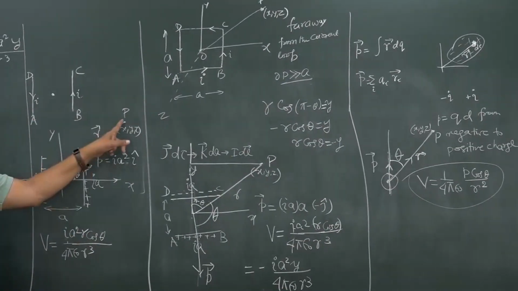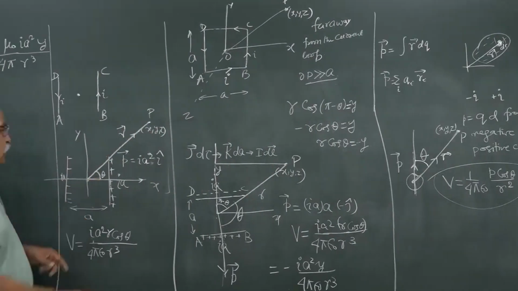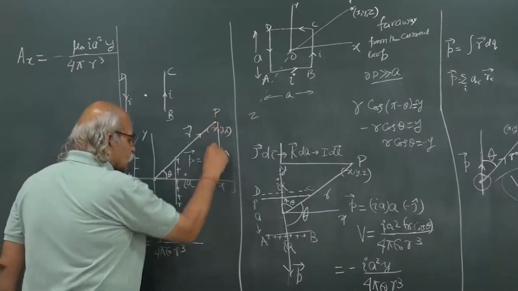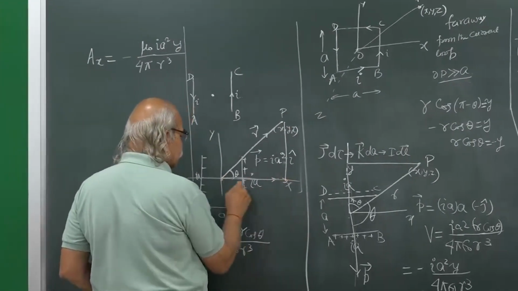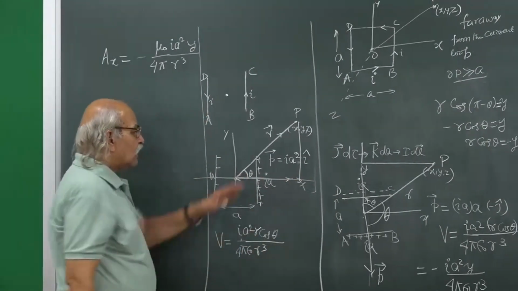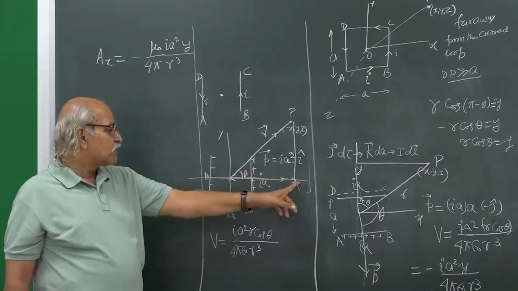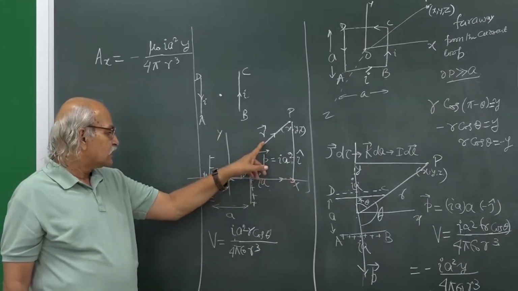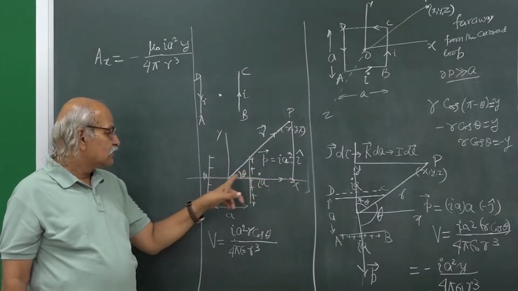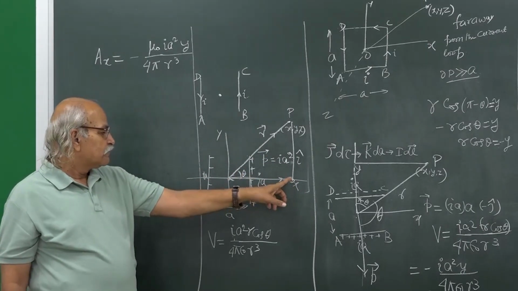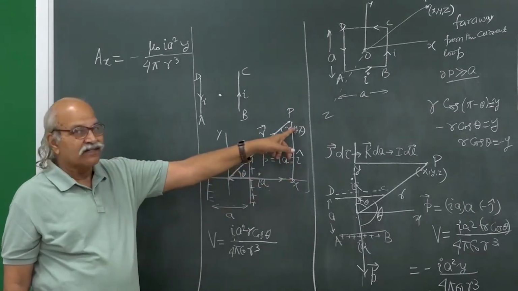So, r cos theta is this length from here to here. Drop a perpendicular, and then this is r, this is theta. So, this will be r cos theta, but this is nothing but the x coordinate.